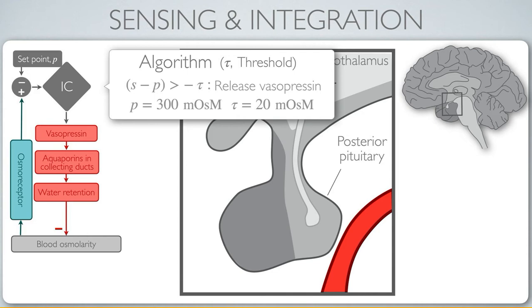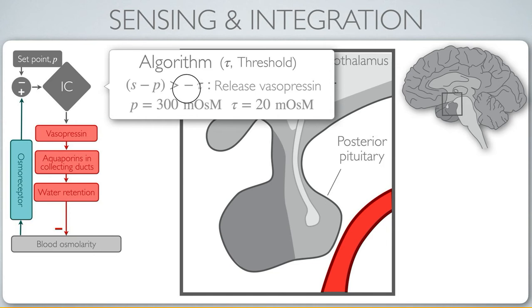So first of all, normally, like when we considered thermoregulation, the way that this equation looked was that if the error was less than some negative threshold, then you had some action. In this case, an action is initiated when the error is above a particular threshold.